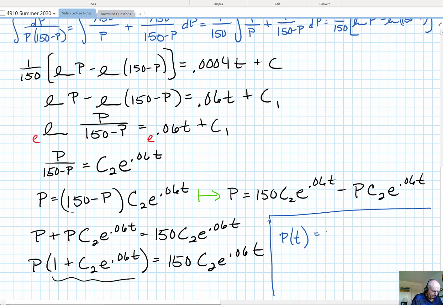You can certainly derive this, but this will be the solution: M times P sub 0 over P sub 0 plus (M minus P sub 0) e to the negative k M t. So that's helpful to know, that that equation always has that solution, so that you don't have to go through the derivation of it every time.